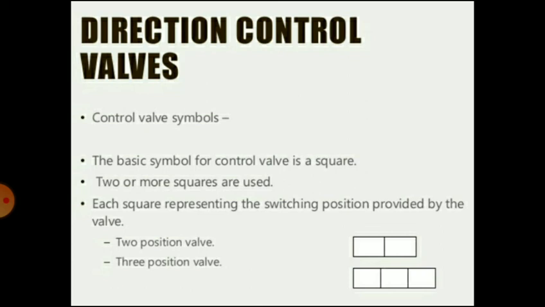In a diagram, a 2 position valve is shown and a 3 position valve is shown. It will provide the connection and disconnection between the lines, and it will control the direction of the flow of compressed air. That is the function of the direction control valve.